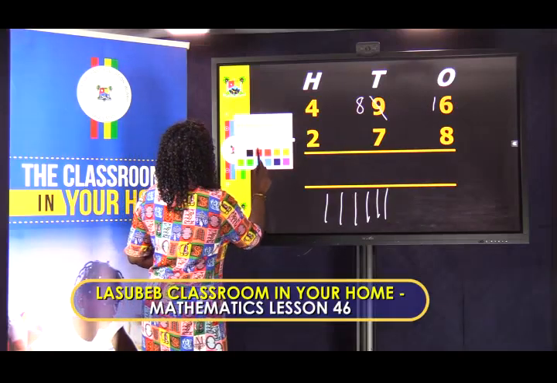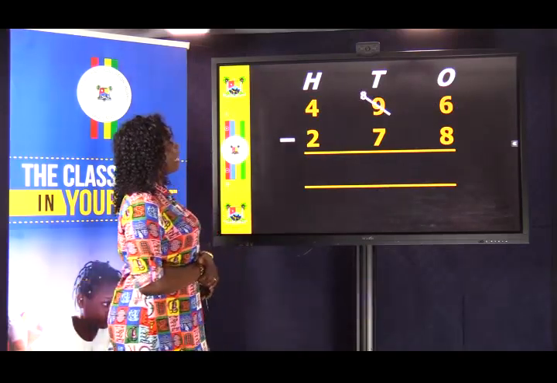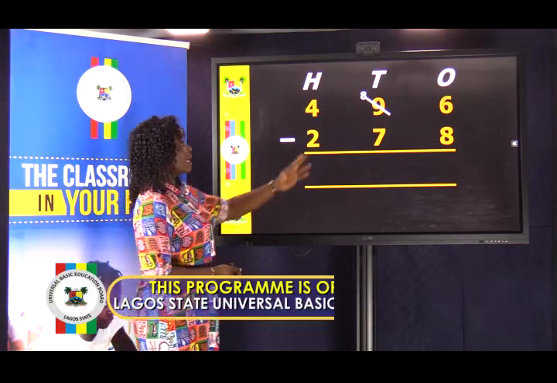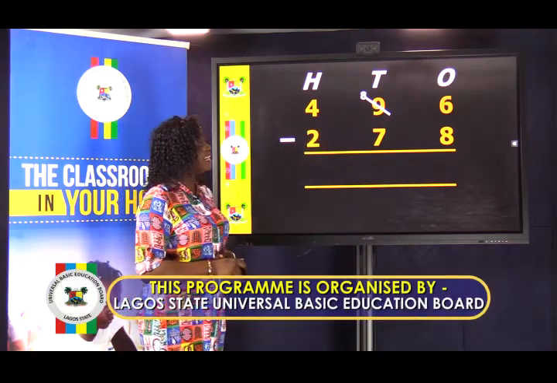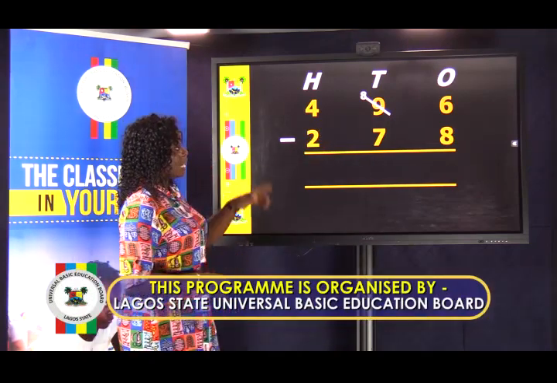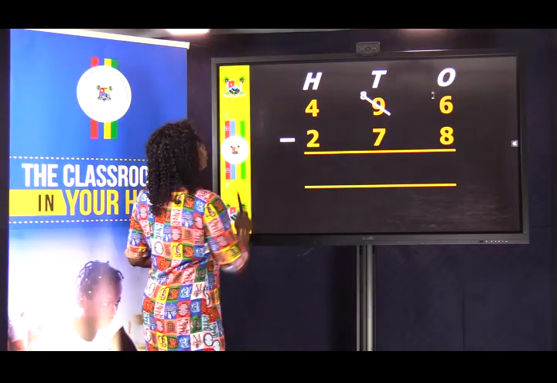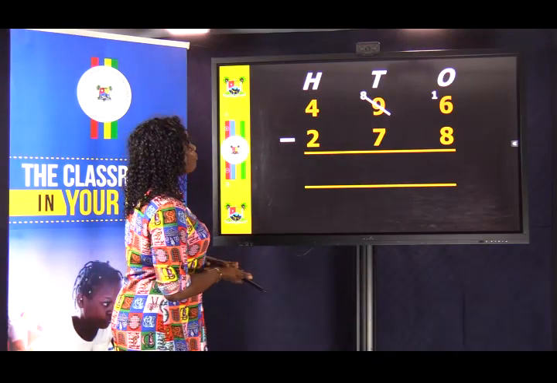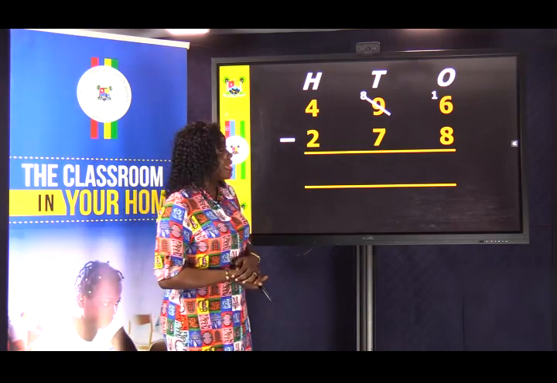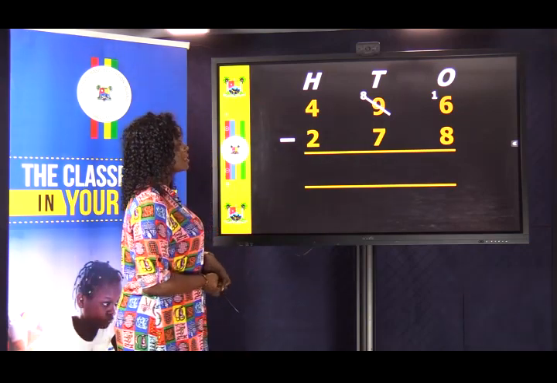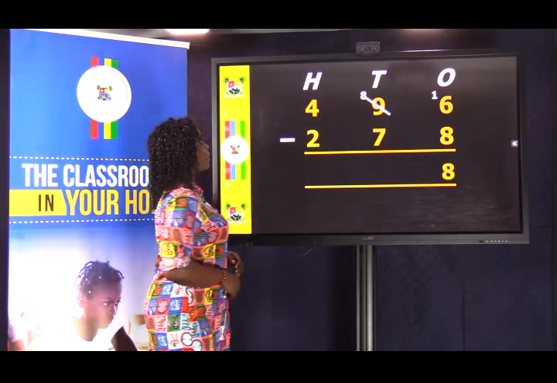Now you see, I've removed 1 from 9 and I've written down the number left immediately, and I transported the one I borrowed. I wrote it beside my 6 to make 16. 16 take away 8 is 8.